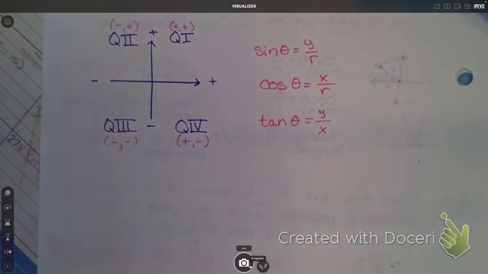The positive and negative x and y determine whether the sine, cosine, or tangent are positive or negative. Got it? If sine is negative, so is cosecant. Because they're what of each other's? Reciprocals. So I'm not going to remember cosecant. I'm just going to remember cosecant's the reciprocal of what? Sine. Does that make sense? I'm not remembering 6. I'm remembering 3.